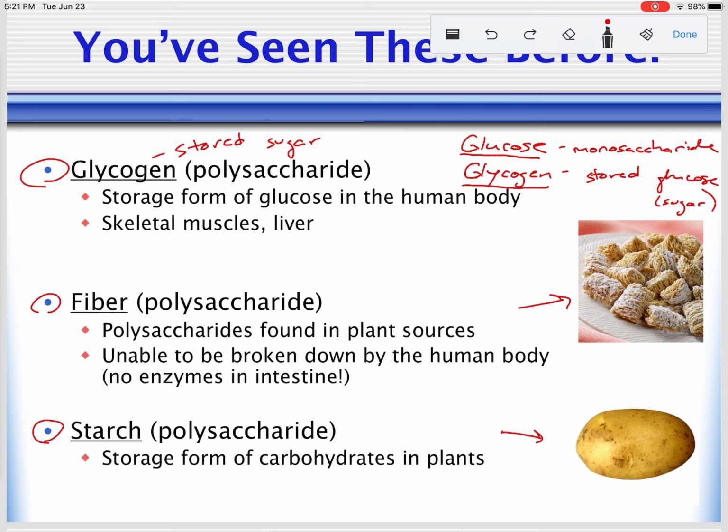The other benefit is that if you don't eat for a while, it's no big deal. If you don't have any more immediate blood glucose, your body can just go to those glycogen stores and break them down, and boom, you have more immediate blood sugar, even without eating.